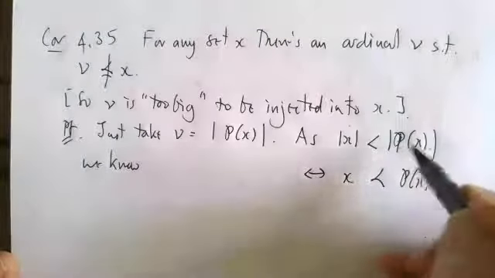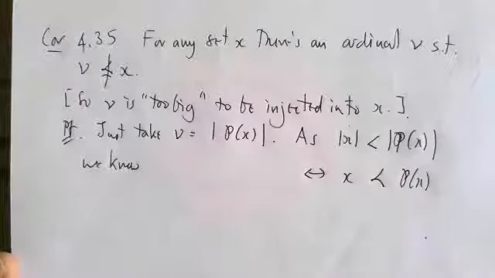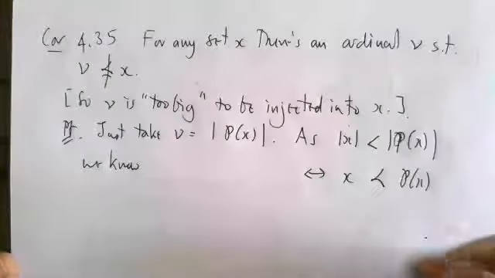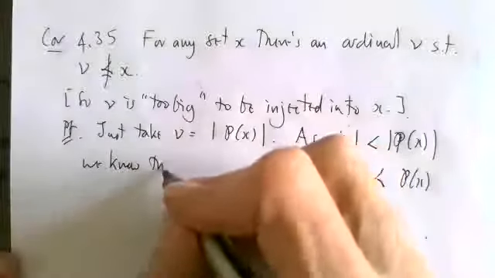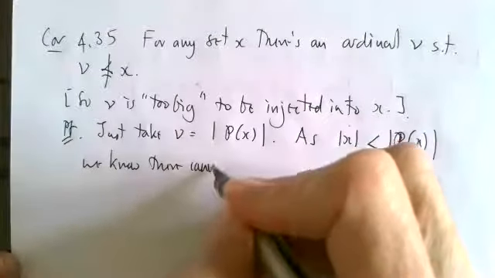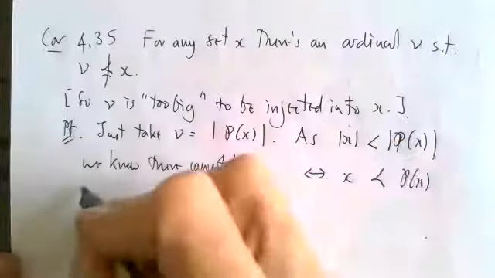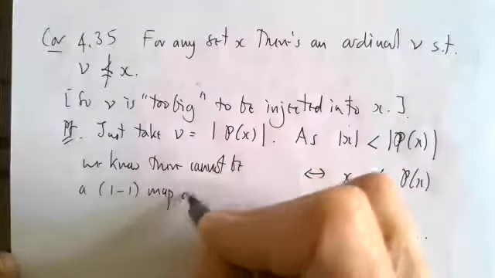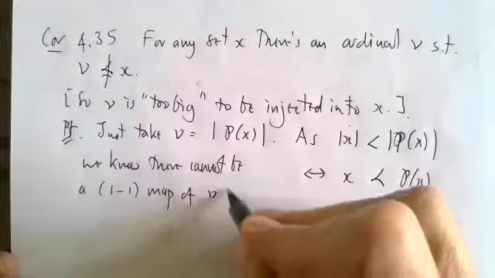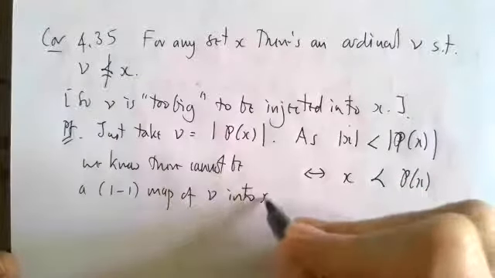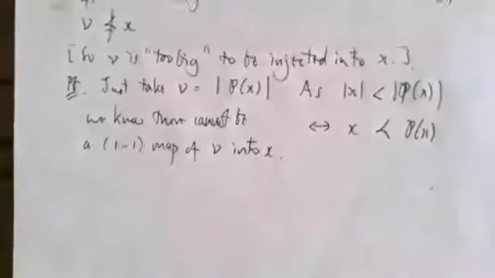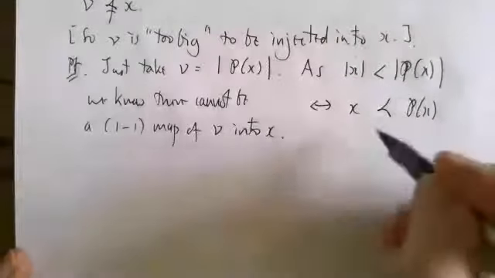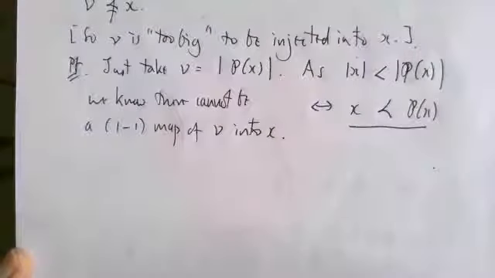So there's no injection of this into this. We know there cannot be a one-to-one map of nu into X here. Again, this is Cantor's theorem.